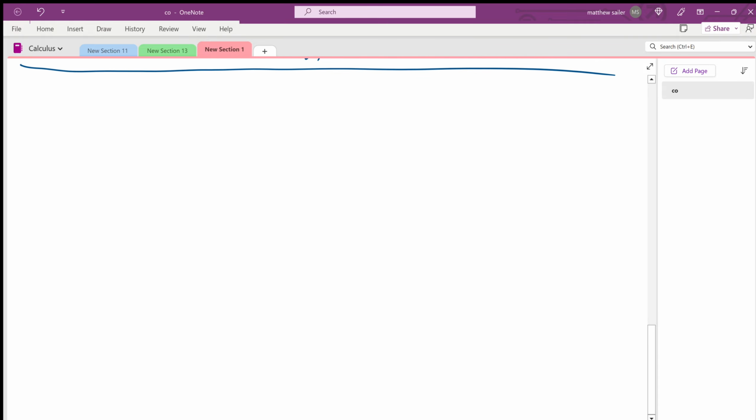The last problem, we're going to choose this equation. So y times e raised to the power of sine x equals x cosine of y.